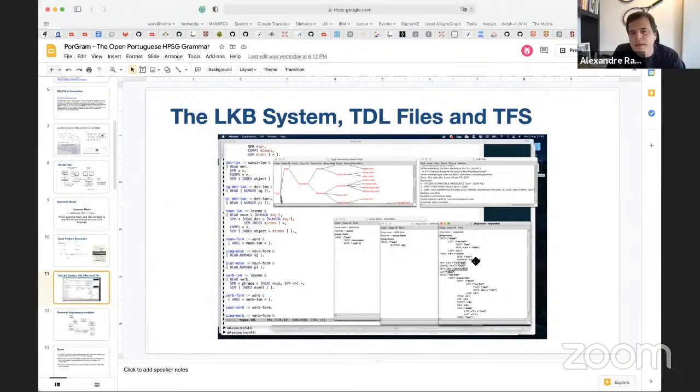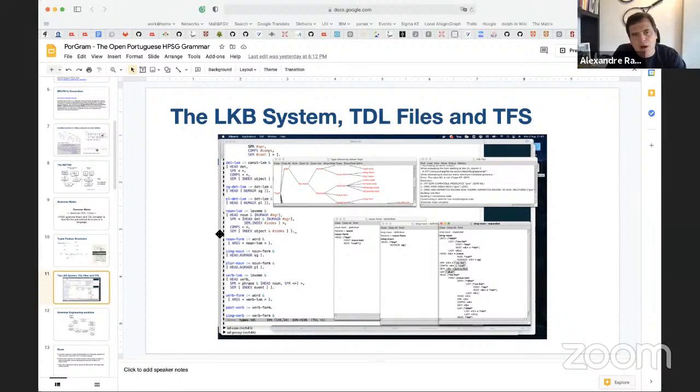If I click on expanded, I'm showing here that a singular noun, for example, gets information from all these nodes in the path up to the top, right? This is the complete expanded definition if I take into consideration the hierarchy, not only the local information that I have. And here I'm just showing the source files, right? Usually people work on source files, load them in the LKB, and are able to browse and test the definitions.